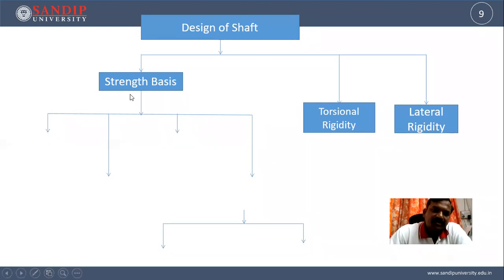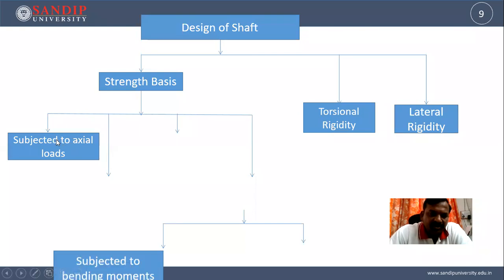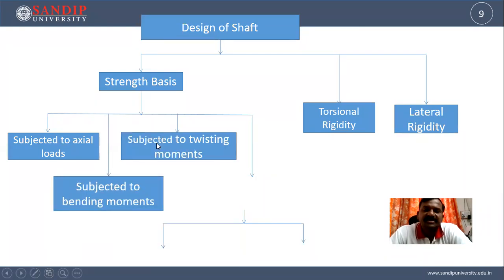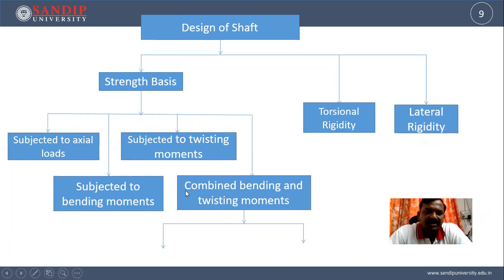When I talk about strength, we will design the shaft based on the loading subjected: shafts which are subjected to axial load, or shafts subjected to bending moments, or shafts subjected to twisting moment, or a combination of these, maybe a combination of bending and twisting.